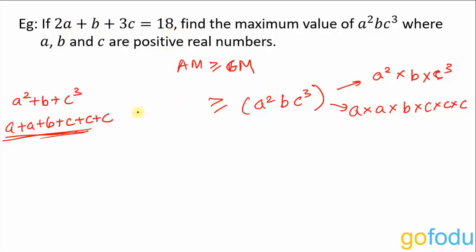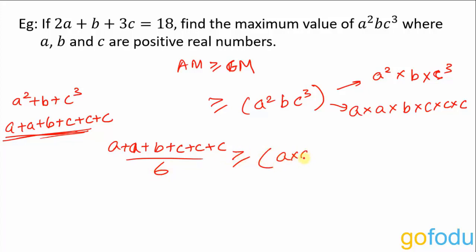So in the left hand side I will have AM, which is A plus B plus C plus C plus C upon 6, which will be greater than or equal to GM, that is product of these 6 terms raised to power 1 upon 6.